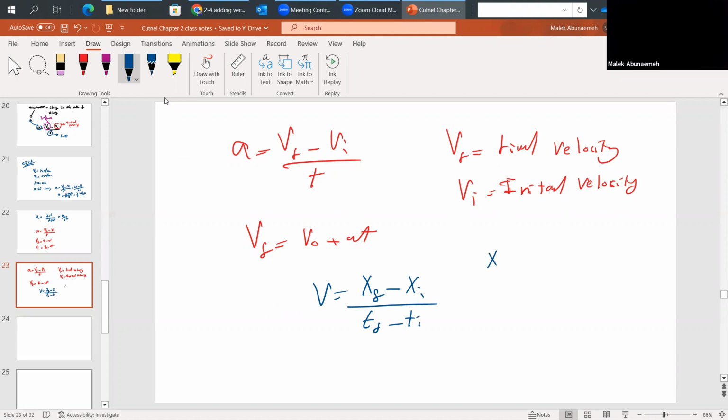Well, your initial position when you start is going to be 0. Same thing with your initial time, it's going to be 0, which means your velocity equals x over t, so your distance x equals your velocity times your time.